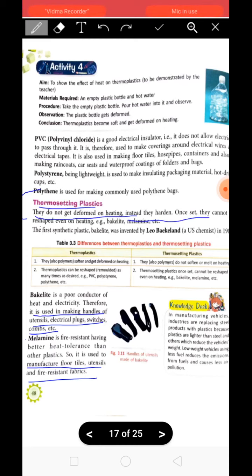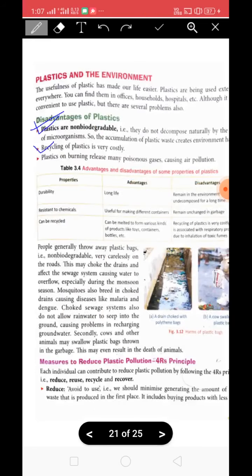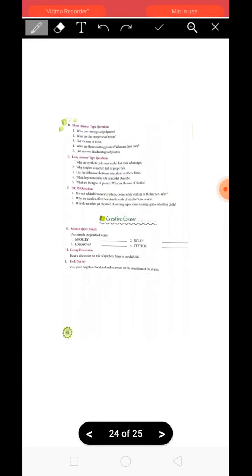Once they set, they cannot reshape even after heating. For example, bakelite and melamine. Bakelite is used in making handles of utensils, electrical plug, switches, etc. And melamine is used in manufacturing of tiles, utensils, fire resistant fabric, etc. Clear?